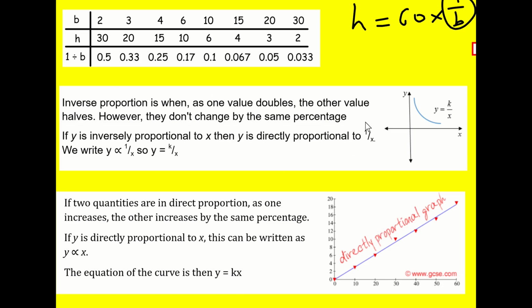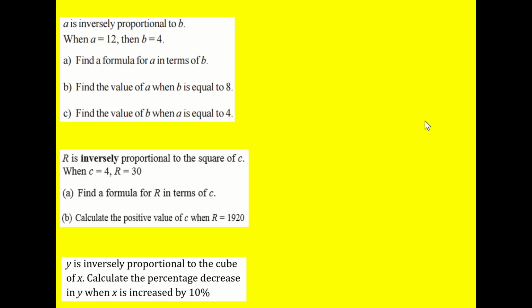Basically, we need to know this statement here, but hopefully you understand where it's come from, and now we can solve questions in a similar way to how we did for direct proportion. Now we're going to talk through 4 examples of applying inverse proportion to mathematical situations.